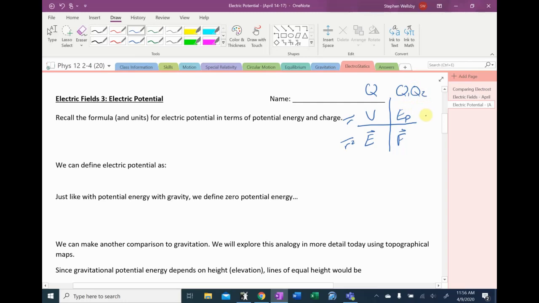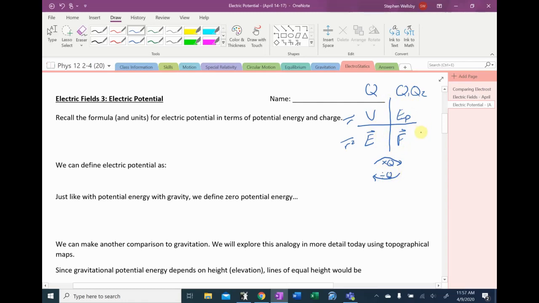So if we want to go from fields to force, or from potential to potential energy, we would need to multiply by Q, and likewise, if we're going to go from energy to potential, we would need to divide by Q. So in other words, field is how much force there is per charge, and potential is how much energy there's going to be per charge, or divided by charge.